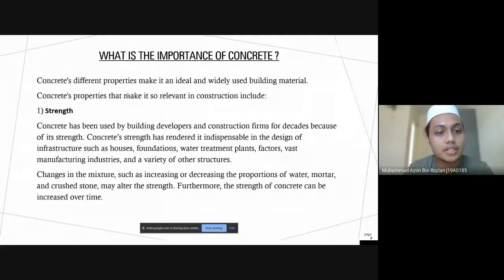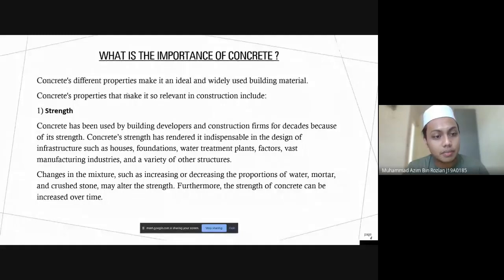Its strength has rendered it indispensable in the design of infrastructure such as houses, foundations, water treatment plants and manufacturing industry. Macam yang saya sebutkan tadi lah kegunaan dia, sebab dia kuat dan benda ni banyak digunakan dalam industri, dalam pembuatan, dalam pembangunan and so on, sebab kekuatan konkrit tu sendiri.